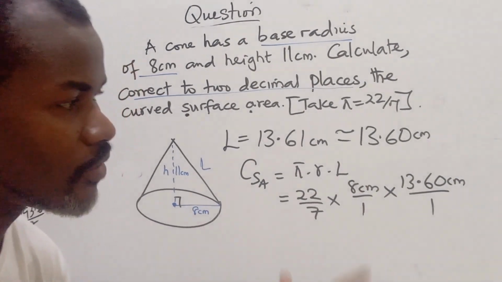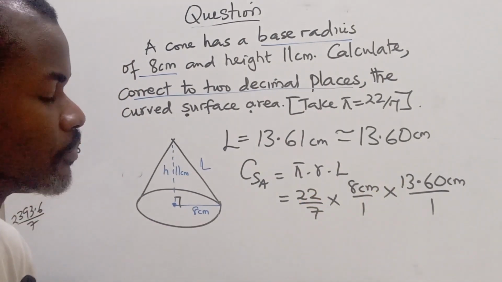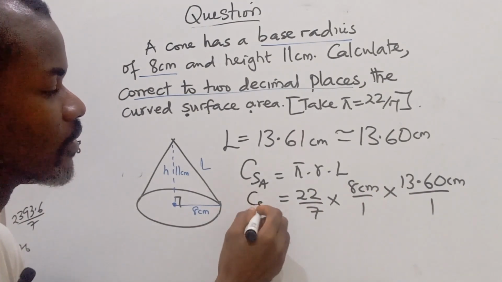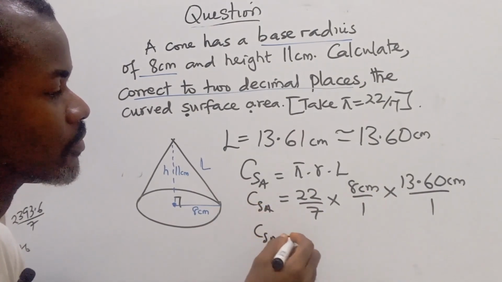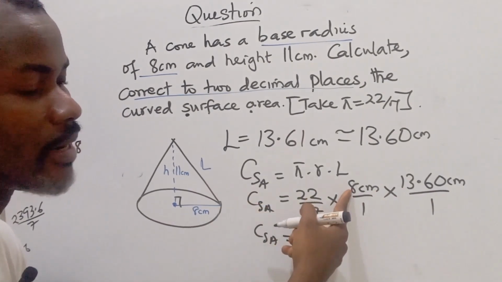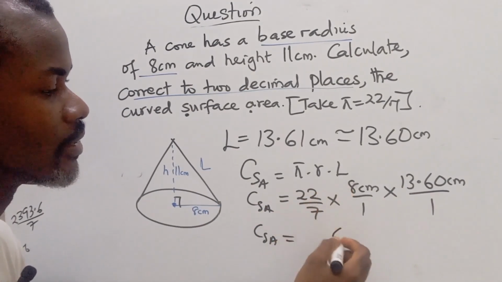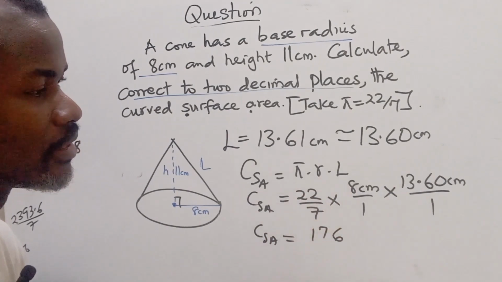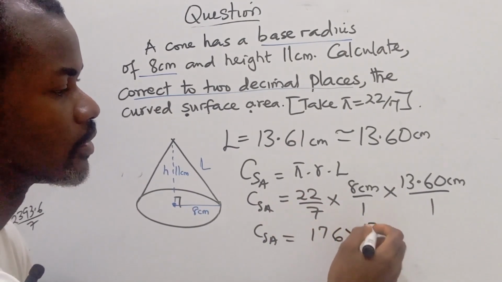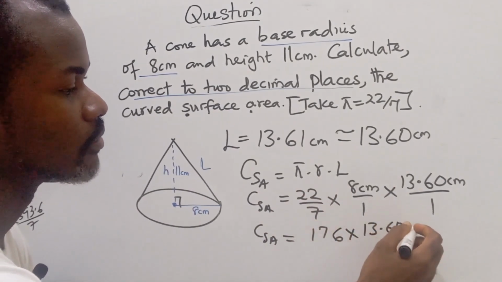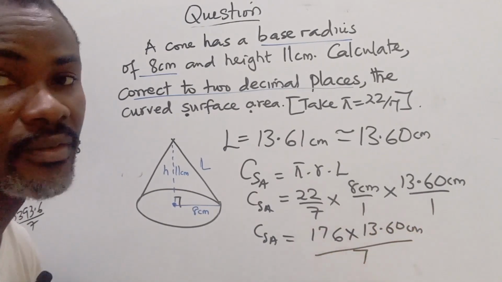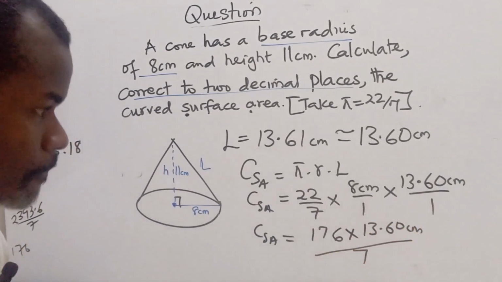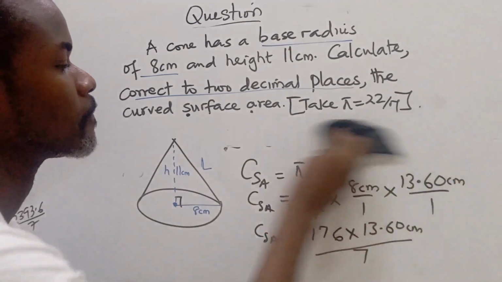If we solve this, we are going to see that the curved surface area, we have 22 multiplied by 8. 8 times 2 is 16, carry 1. 8 times 2 is 16 plus 1 is 17, so 176 times 13.60 centimeters divided by 7.